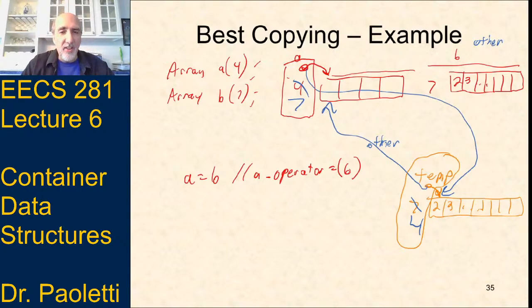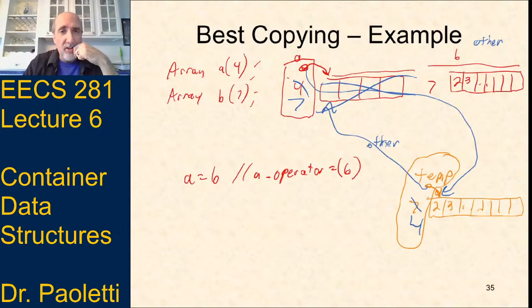Now we get to the end of the function. Let's worry about the return in just a minute. When the function ends, temp gets destroyed. When temp's destructor runs, it gets rid of that block of memory. A's old block of memory gets destroyed by the destructor, and then we're done, except for the return. What gets returned?